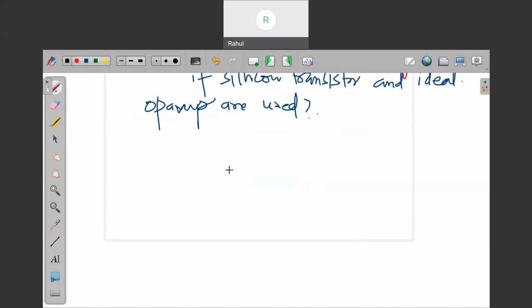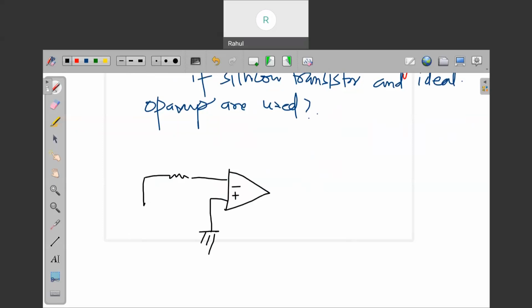So let me draw the circuit here. In place of the diode, they have put a transistor, nothing else, under inverting mode. Because we have seen the combination of diode and op-amp, we wanted to make the diode ideal. Here also they are trying to make the transistor ideal.